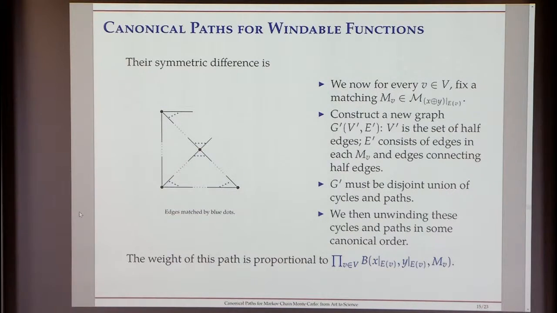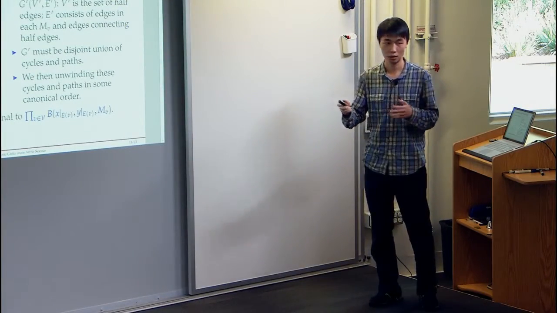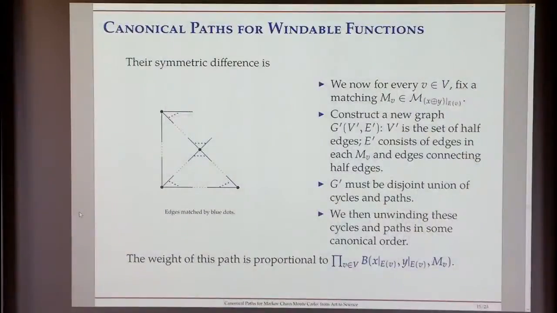But if you look at this proof, you can see the definition of windable functions just poses some conditions saying that some kind of canonical path argument applies, but it doesn't tell you how to decide whether a function is windable, right?